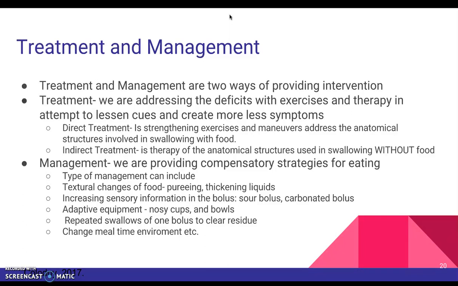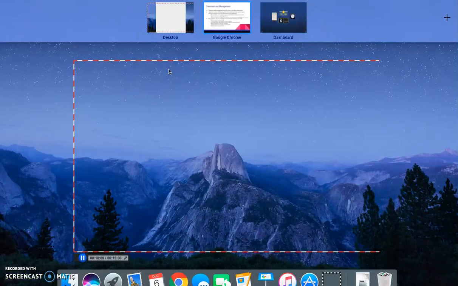This can include textural changes, increasing sensory information like a carbonated bolus, adaptive equipment like the bowls with a higher lid for people with one side paralysis, cues for repeated swallows of one bolus to clear residue, and change of mealtime environment.